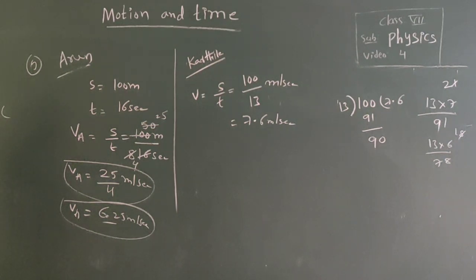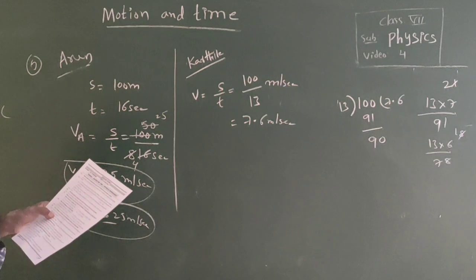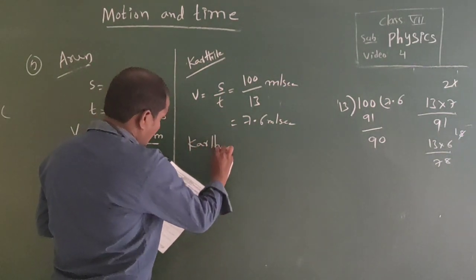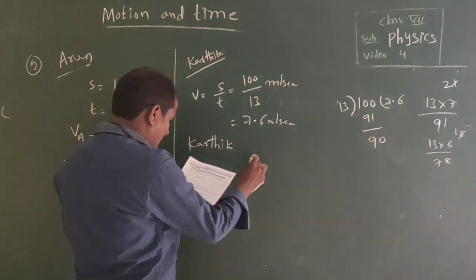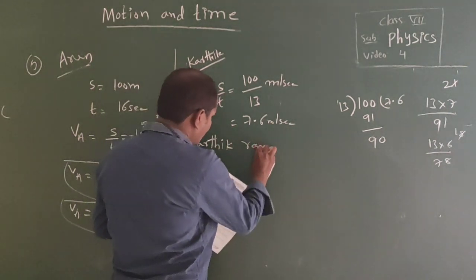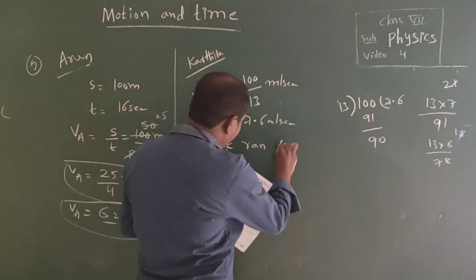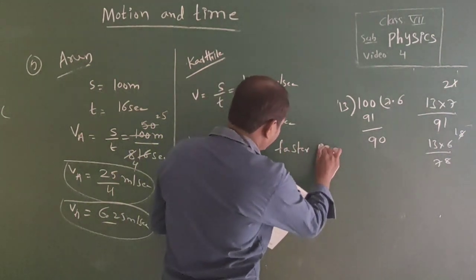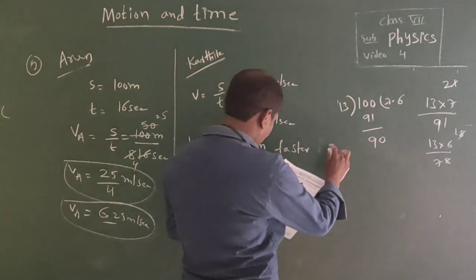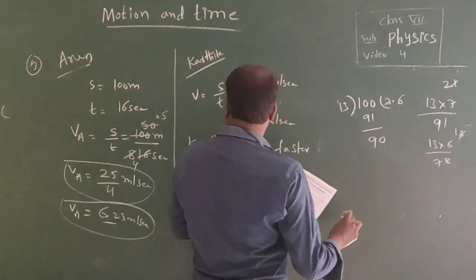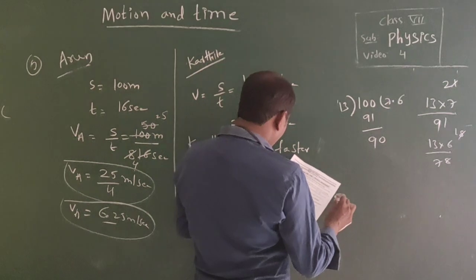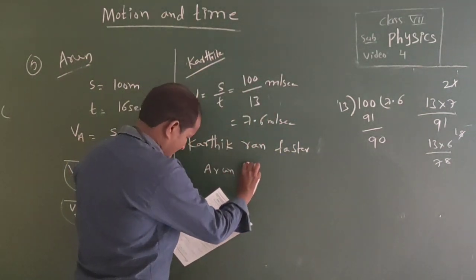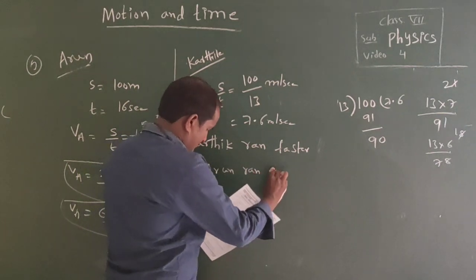So Karthik ran faster than Arun, and Arun ran slower.